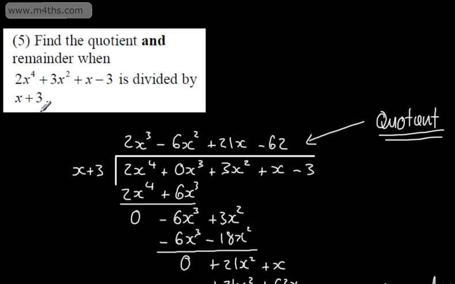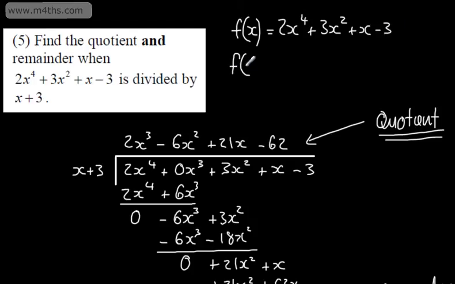Now, if we've got x plus 3, if I now set up a function, f of x, and let f of x be equal to 2x to the fourth plus 3x squared plus x minus 3, and I do f of negative 3, what we will do is find the remainder.